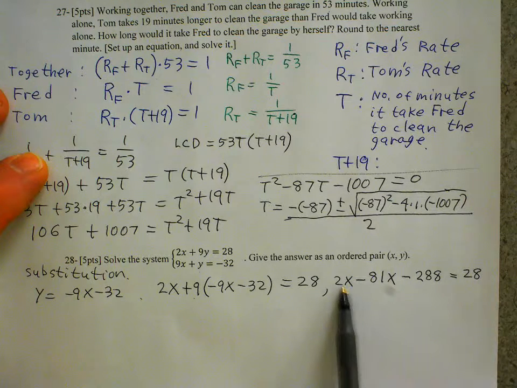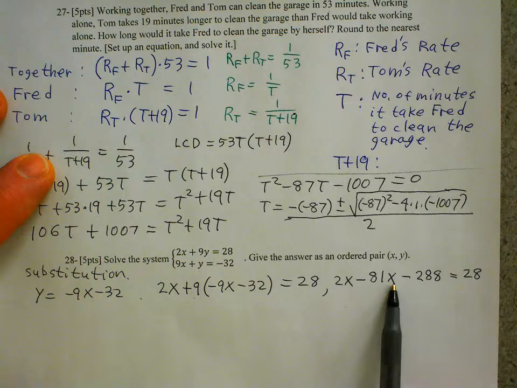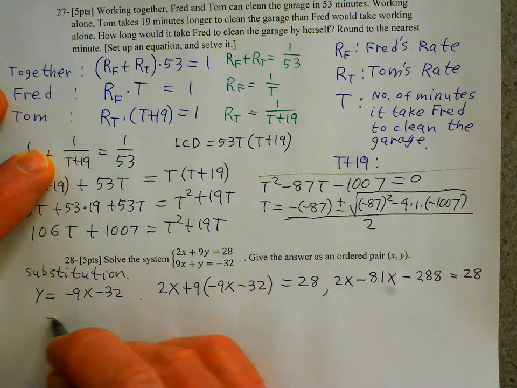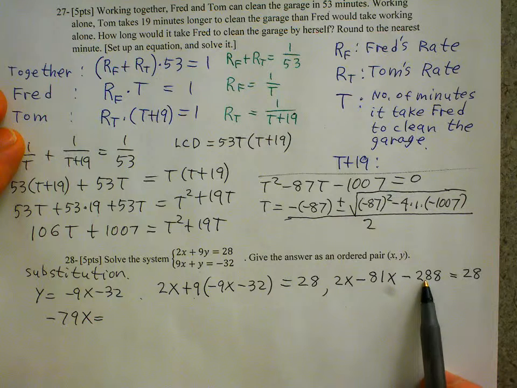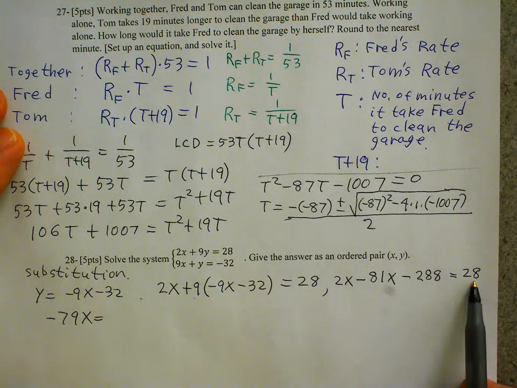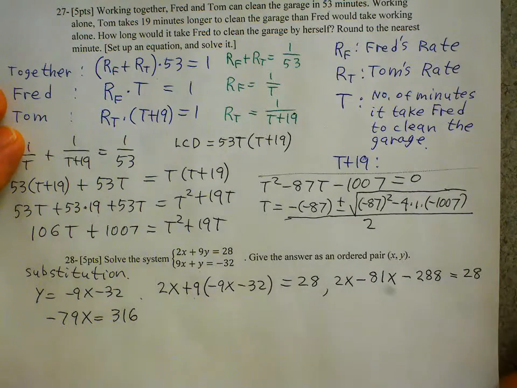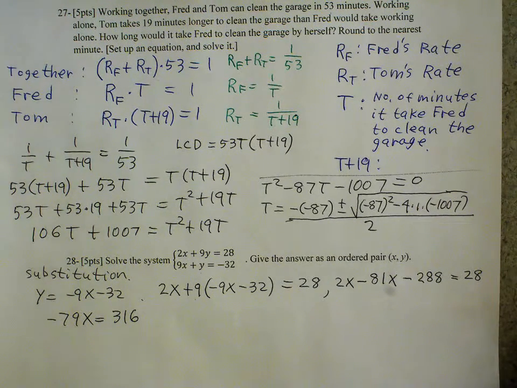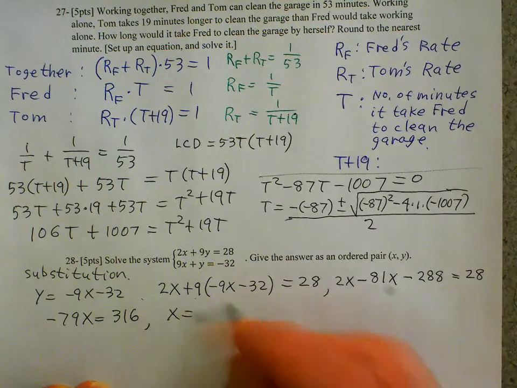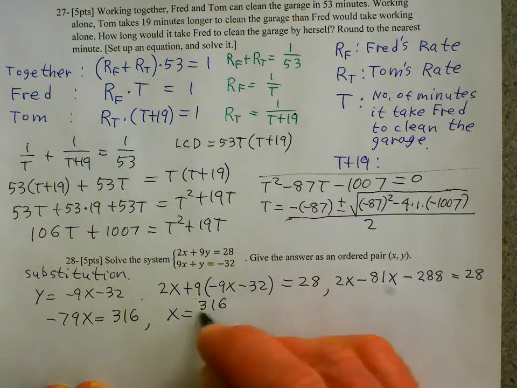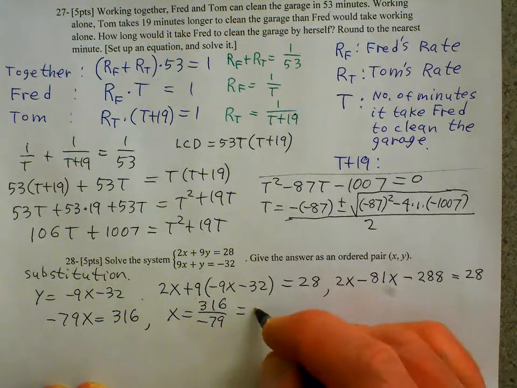Okay, so for the next step, we can simplify 2x minus 81x, which is negative 79x. And we'll add 288 to both sides, and we'll get negative 79x equals 316. And then divide both sides by negative 79, x equals 316 divided by negative 79, and that looks like negative 4.